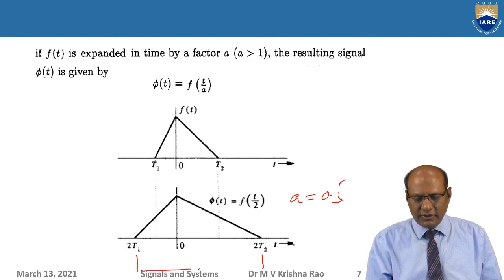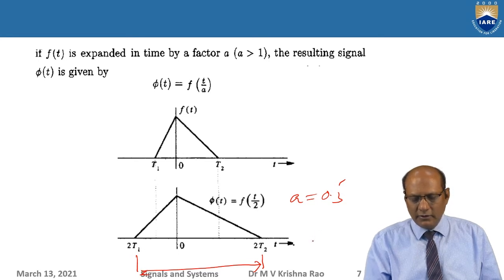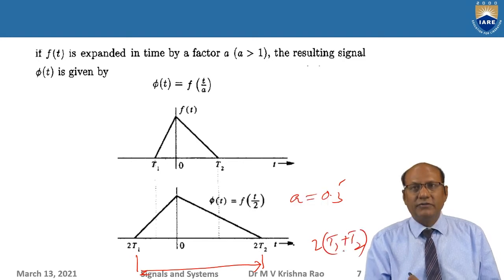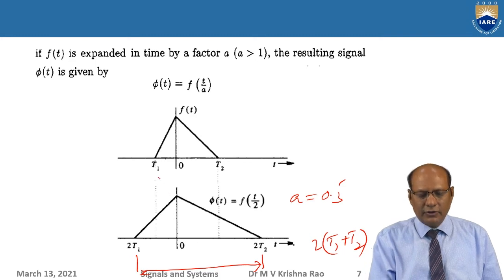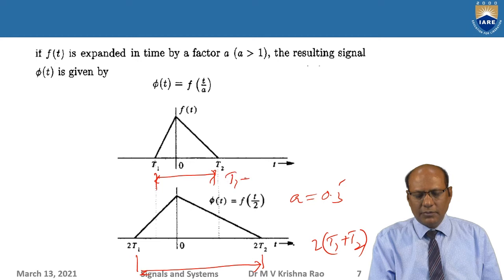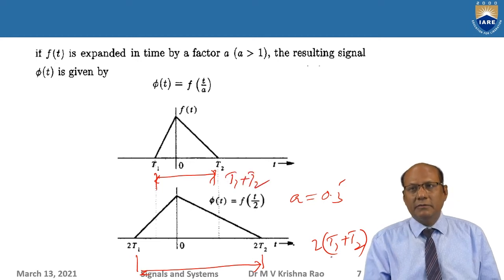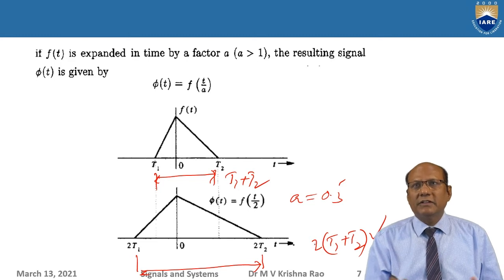So the duration is also doubled, 2 into T1 plus T2. This is the total duration of this. Earlier, the duration of this signal was T1 plus T2. Now it has become 2 into T1 plus T2. Okay. So the signal has expanded.